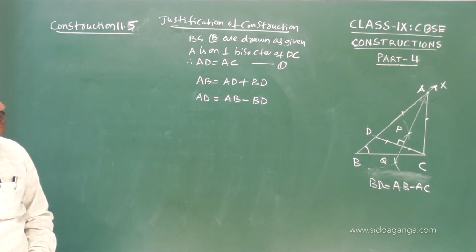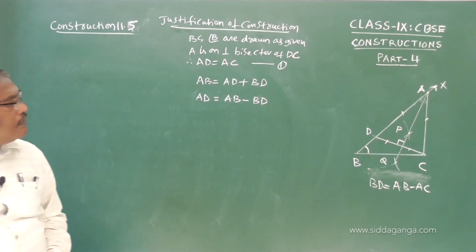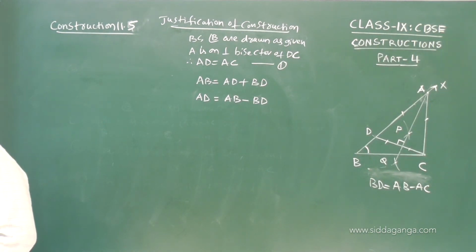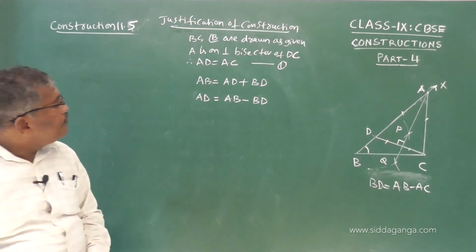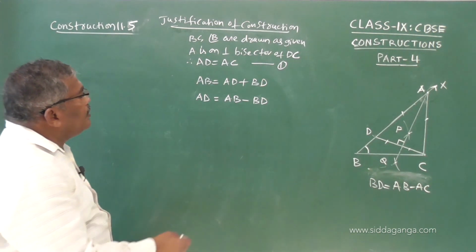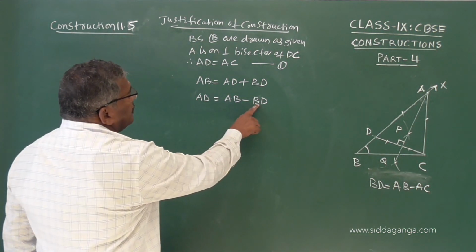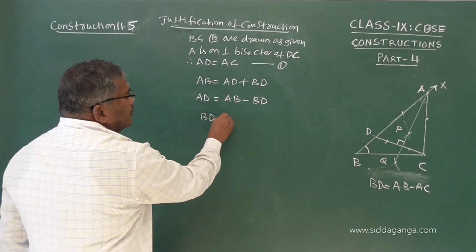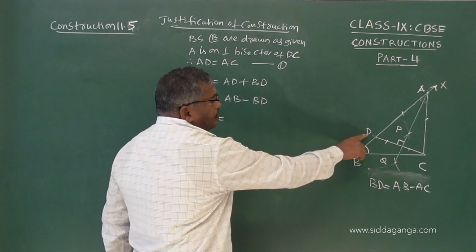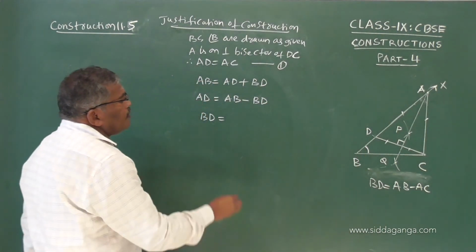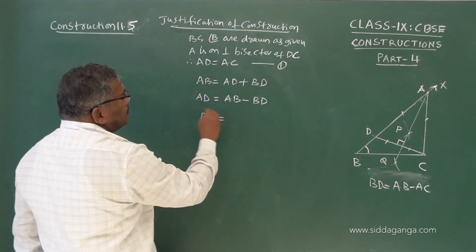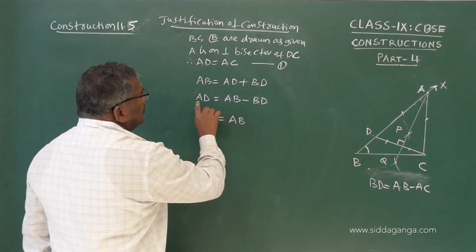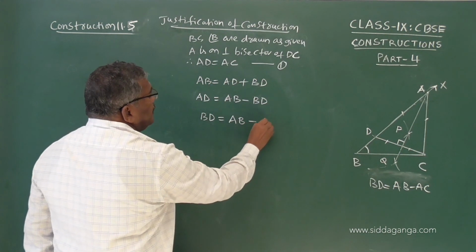AD is equal to AC. Now BD is equal to AB minus AC. Or if I transfer this side, BD will be equal to AB minus AD.